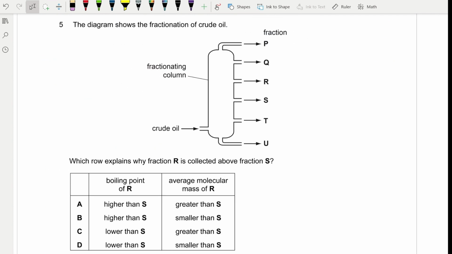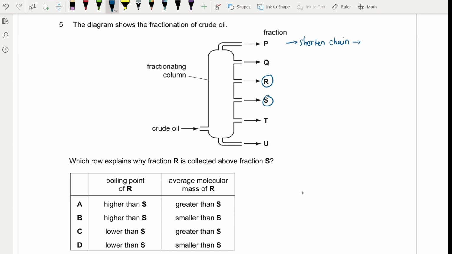Question 5. The diagram shows the fractionation of crude oil. Which row explains why fraction R is collected above fraction S? The fraction at the top of the fractionating column have shorter carbon chain or smaller molecules.